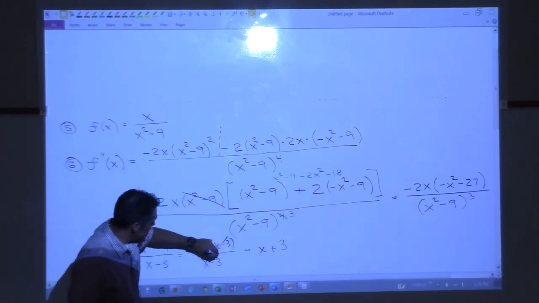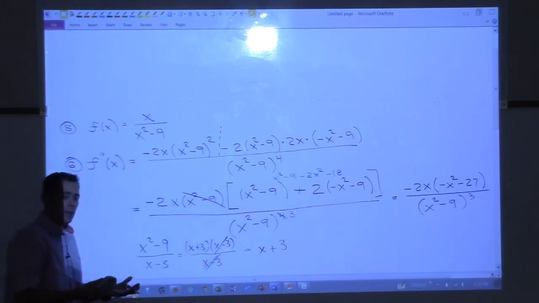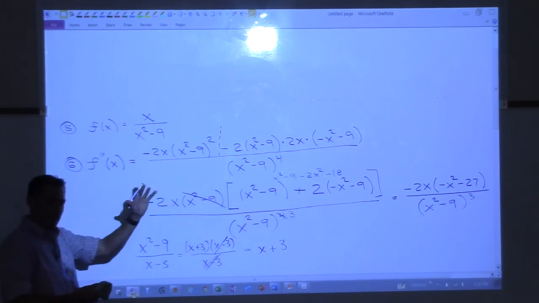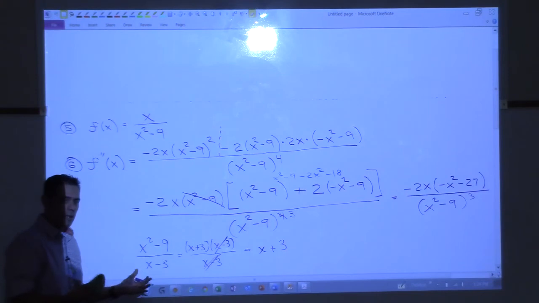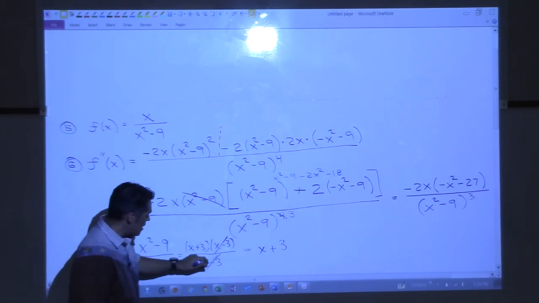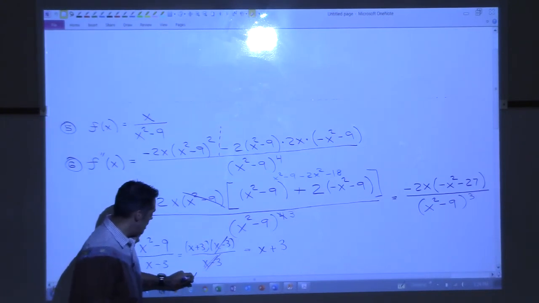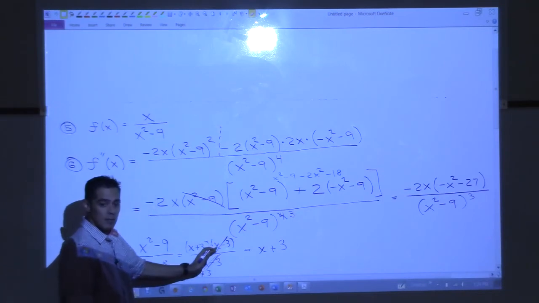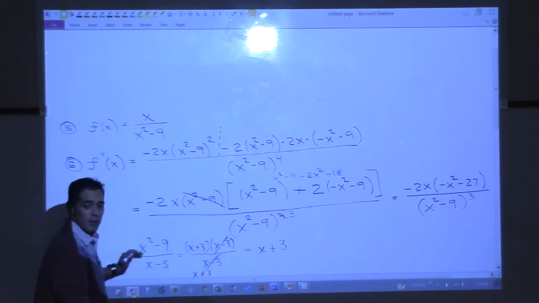When we cancel these, we're making a promise, and I told you all about this way in the beginning. When you cancel two factors, you're making me a promise that they're never 0. So whatever you cancel here, you're telling me x cannot be 3. I can't cancel this, because you get 0 over 0 here if I let x be 3.